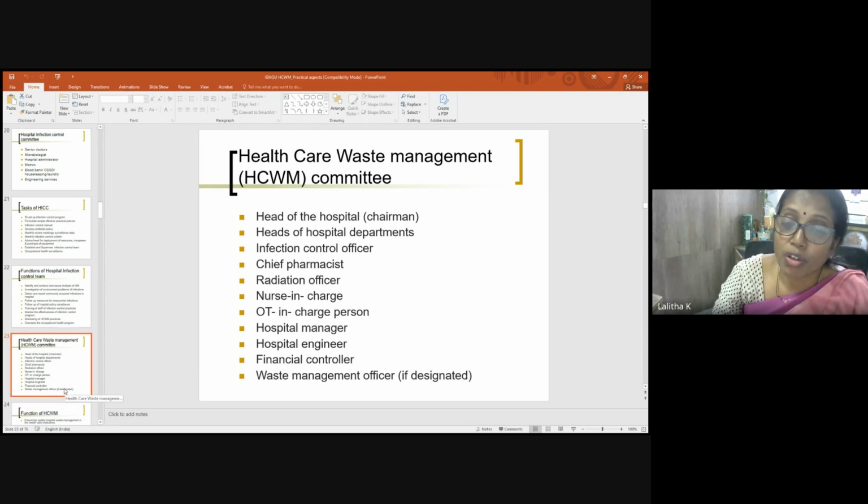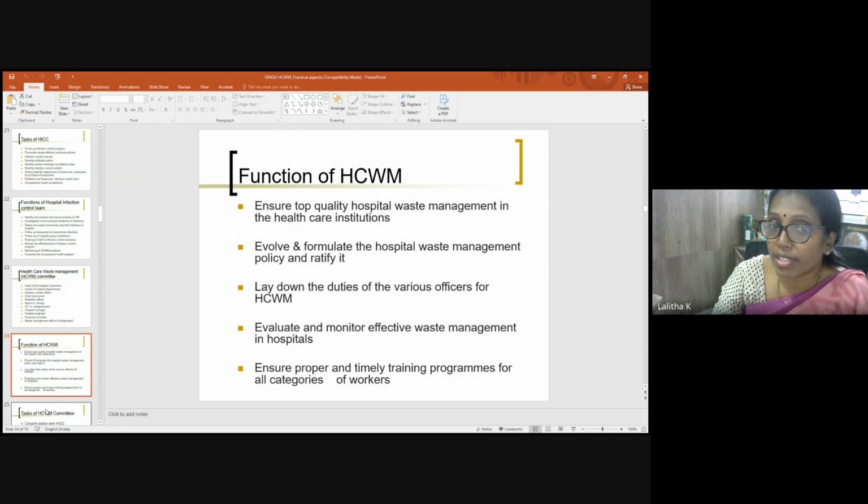And there will be a waste management officer who will be looking at the documentation process as well. What is the role of the healthcare waste management committee? They should ensure that we have top quality hospital waste management in the healthcare institution. They evolve and formulate the hospital waste management policy and ratify it, lay down the duties of the various officers of healthcare waste management, evaluate and monitor effective waste management in hospitals, and have timely training programs for the different categories of workers.